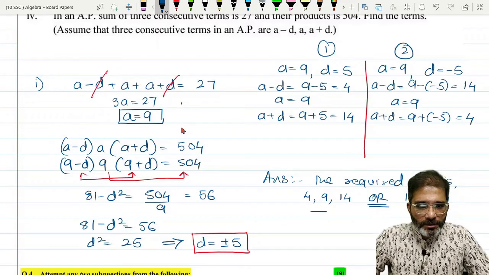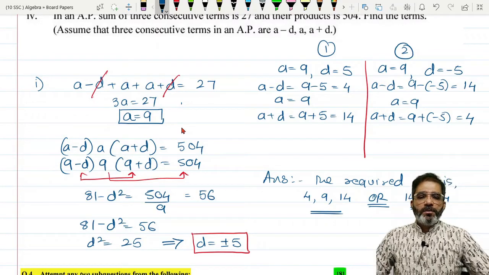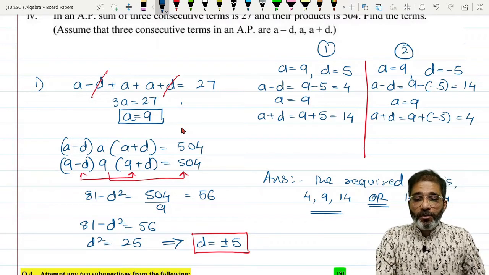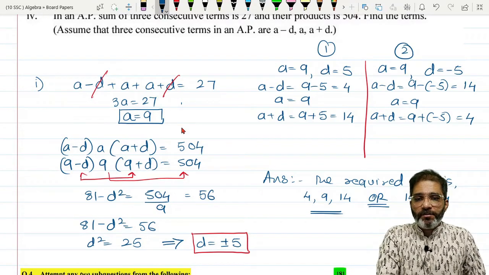Okay, so we have two answers, 4, 9, 14 or 14, 9, 4. Why? Because the value of D was plus or minus 5.